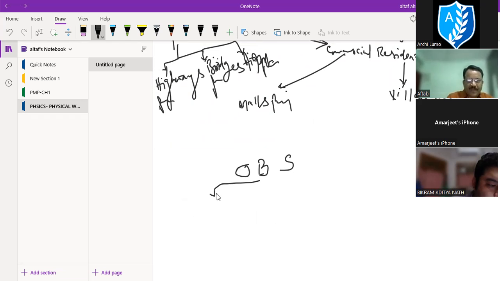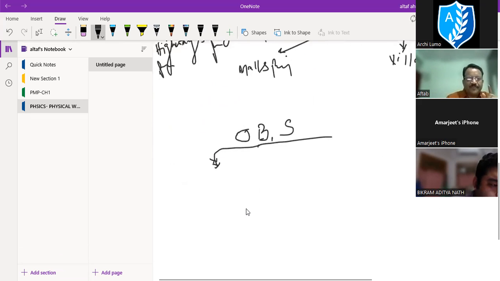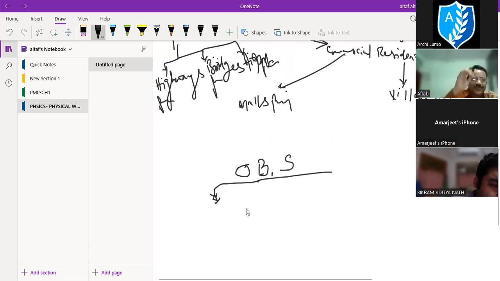So see, under OBS, the very first guy in any management, all the management, right from site up to office, right from the lowest management, maybe the site engineer, up to the president or a sponsor or client of the project, all these levels, all these people come under OBS, organization breakdown structure. You can simply understand it like this.